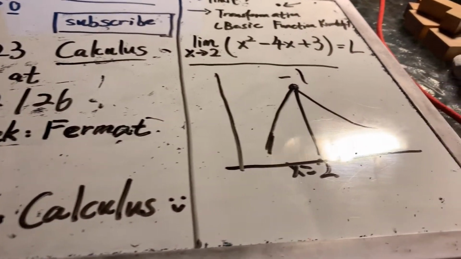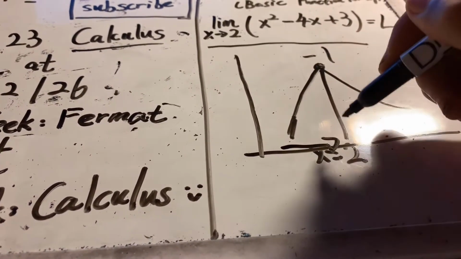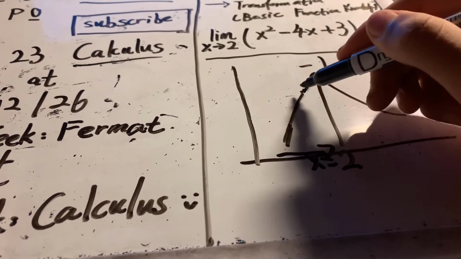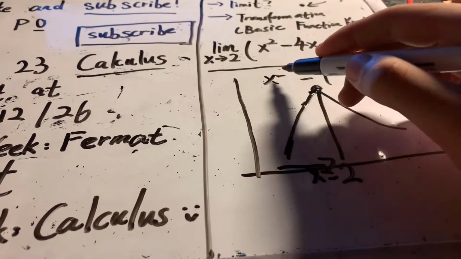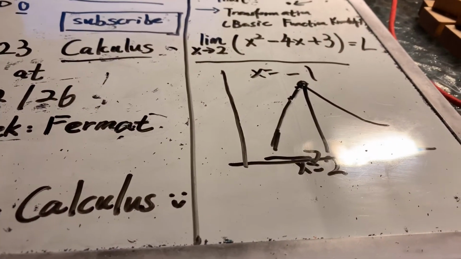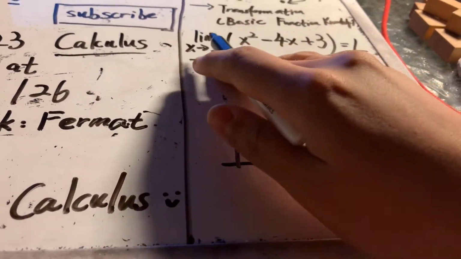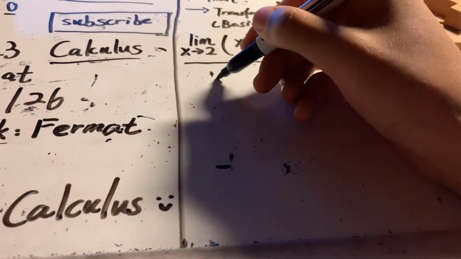As x approaches 2, it is definitely getting infinitely close to the place where the value is -1. So you can just calculate it by plugging in x equals 2.